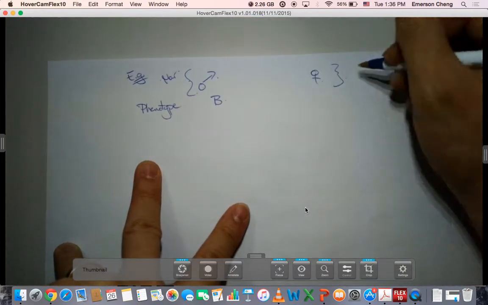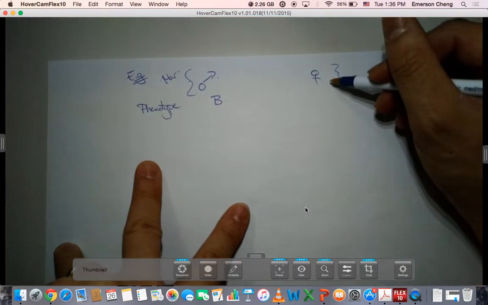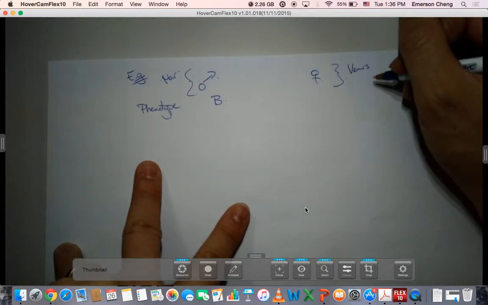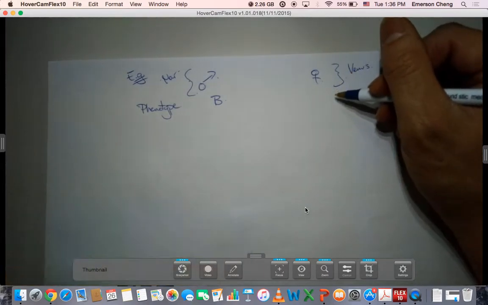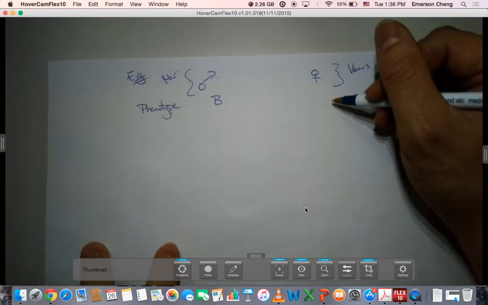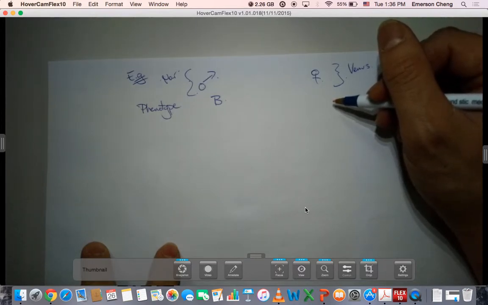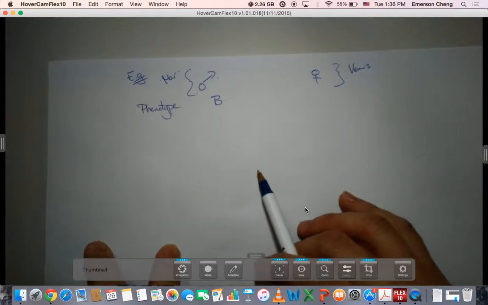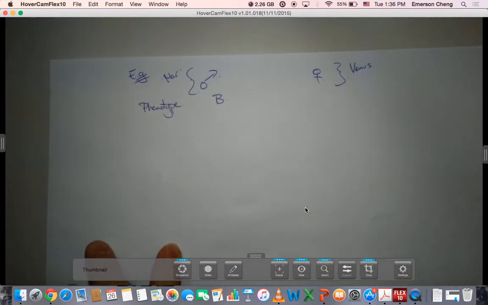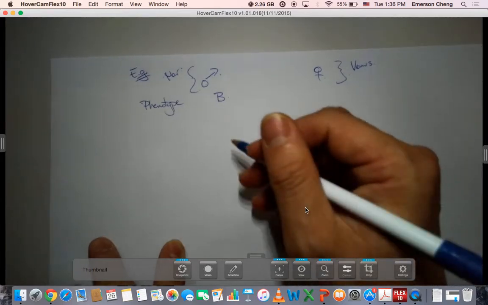This is the symbol for the goddess Venus. Venus is a goddess of beauty, so this is her mirror. Back in the days, girls looked at mirrors too. But for our sake, if you can't think of which one is which, things that go up, that's a guy, okay?